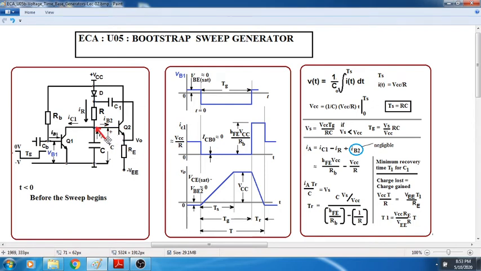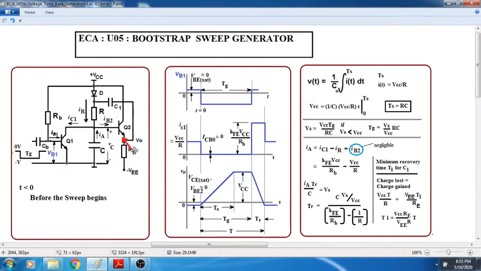So the voltage at the capacitor resistor junction will be exactly the same as the voltage at the emitter. Only thing is the difference will be 0.7 all the time, the base emitter drop, diode drop. So the emitter will follow the input. If the input is increasing, emitter will increase. Input is decreasing, emitter will decrease, as long as the transistor is in the active region.